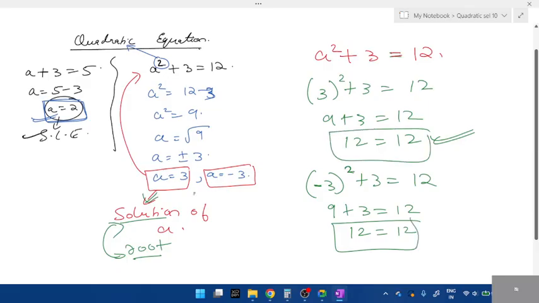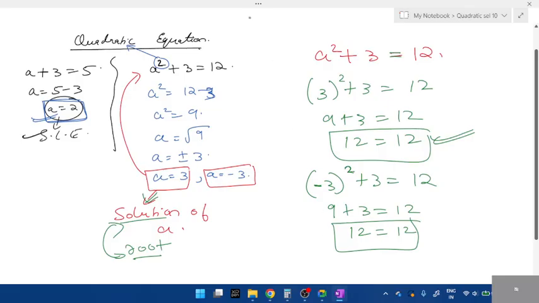So, which means the root, students, is nothing but the answer of a. You'll have two answers for a. Not only a, any alphabet; they might give a, b, x, anything. If you substitute those two answers, left hand side should be equal to right hand side.